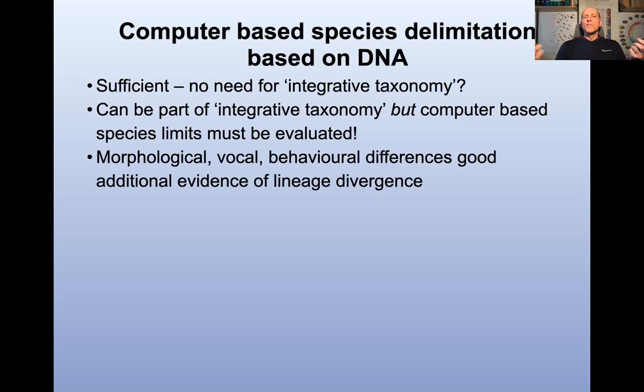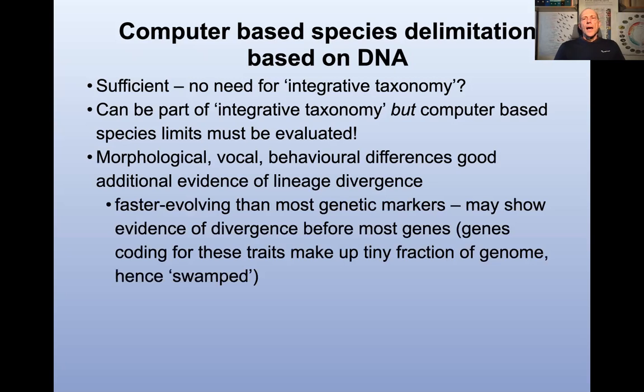So morphological, vocal, behavioral, and other differences are actually good additional evidence of lineage divergence. And they are actually faster evolving than most genetic markers. So they may show evidence of divergence long before most of the genes show any evidence at all.